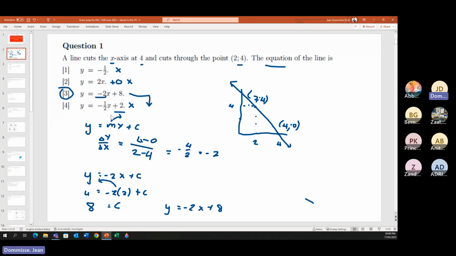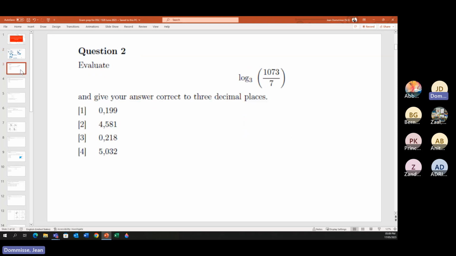Okay, so what I think it's very good to now see is how it works in the exam as well. You start off with a question that's from study unit 2 or whatever, and then it jumps to another study unit.